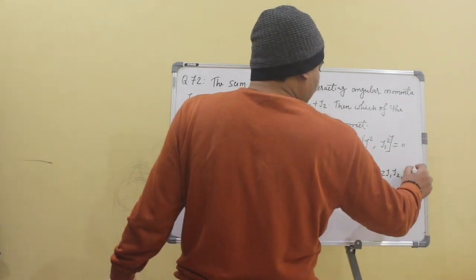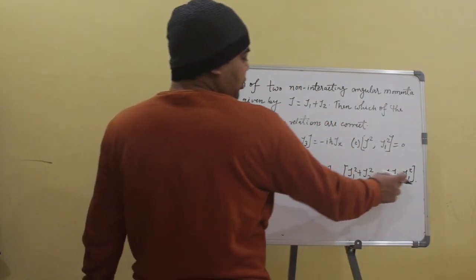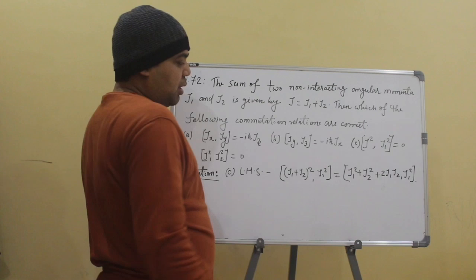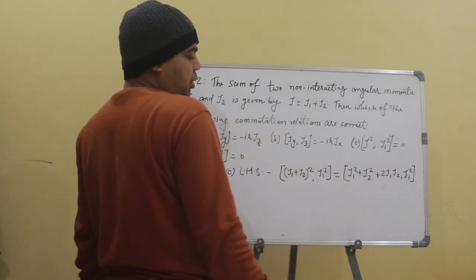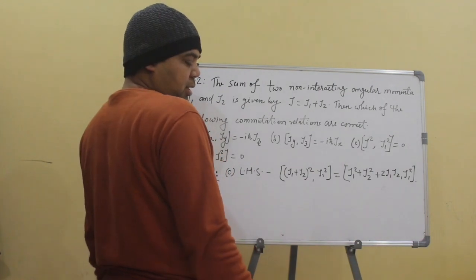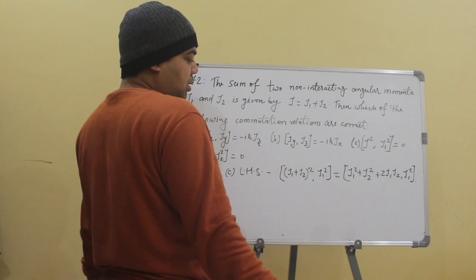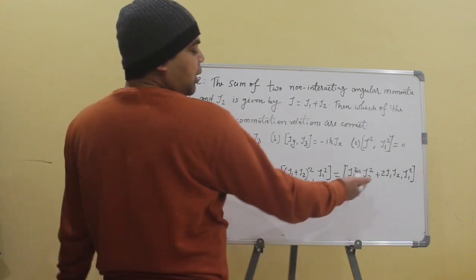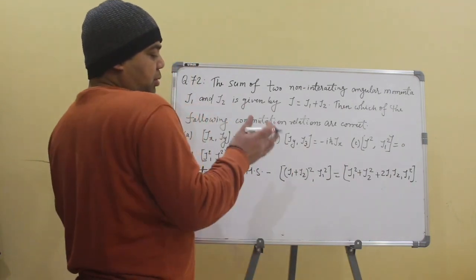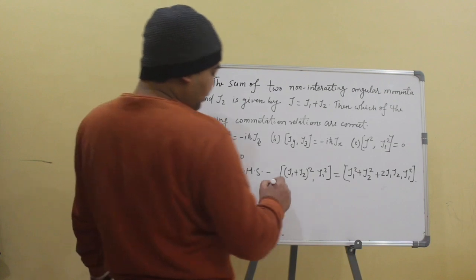Now, as you know, the commutator of a sum, or algebraic summation, is simply equal to the sum of the commutators of the individual parts.